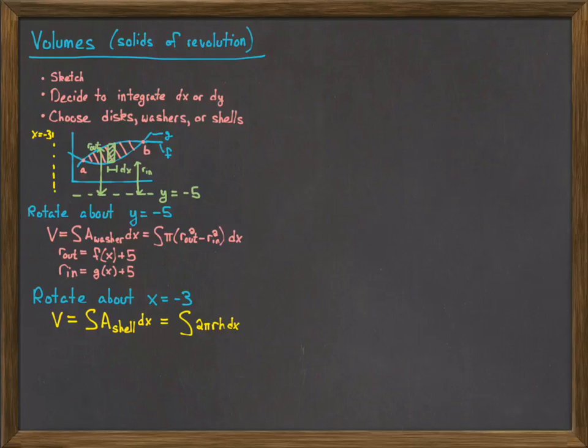In this case, r is the distance from the axis of rotation to the element, and that's in terms of x. Most of the time this ends up being pretty simple. In this case it's just x plus 3. h is just the upper curve minus the lower curve, the height of the element, which you can just say is f minus g.